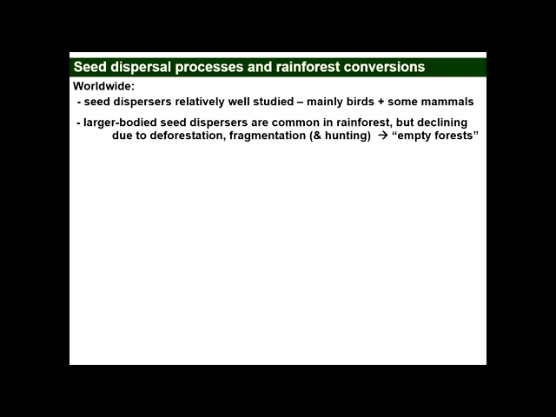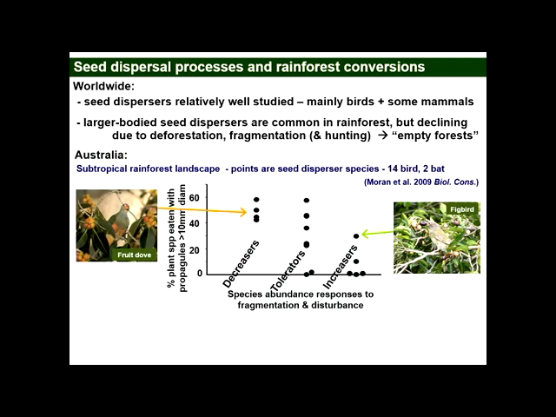So throughout Asia we have what's now called the empty forest syndrome, where you don't have the large-bodied seed dispersers anymore. Well, in Australia that's not so much of an issue. We don't heavily hunt our fauna. But even so, we do have the effects of clearing and fragmentation, and this is based on the work of my PhD student, Kath Moran, several years ago.